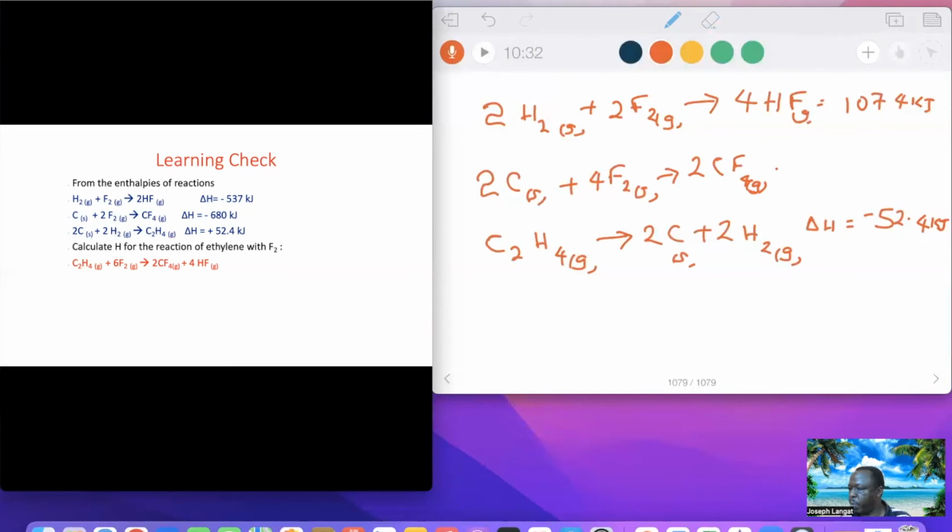And then we multiply delta H by what? By 680 times 2. I have negative 1360 kilojoules.